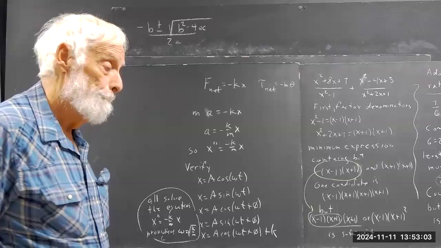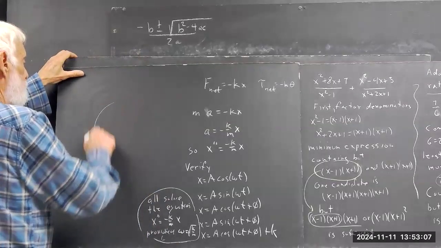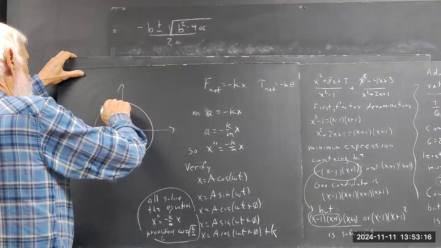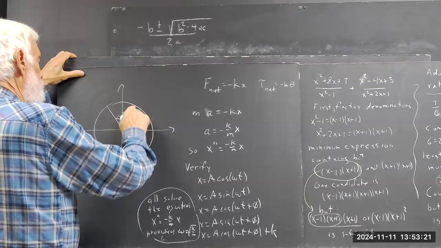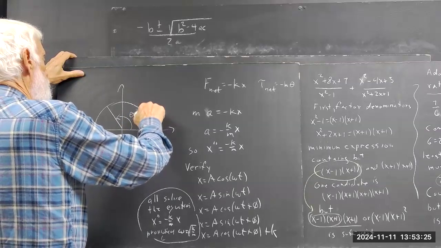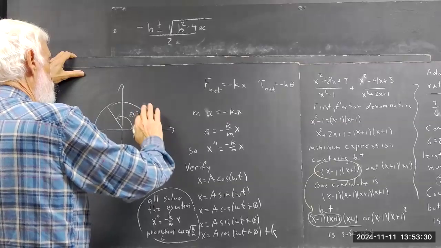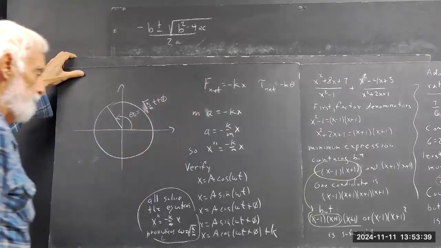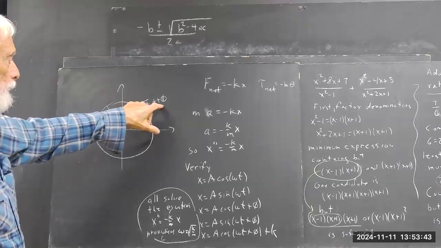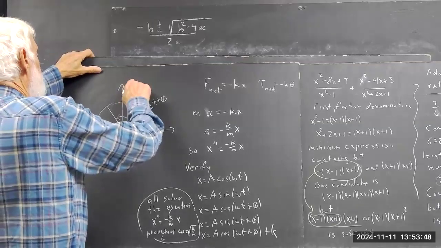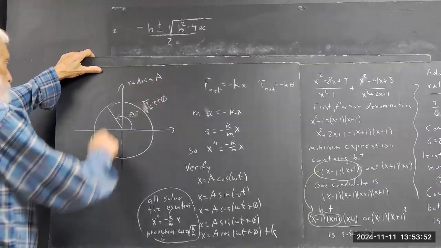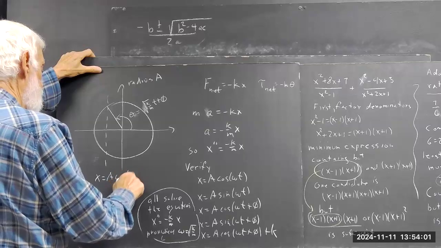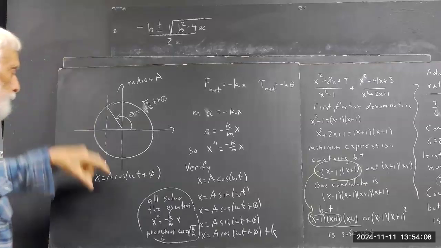This gives you this picture. If this angle here is equal to omega t plus phi, and the radius is A, then this is a line where x equals A cosine of omega t plus phi.